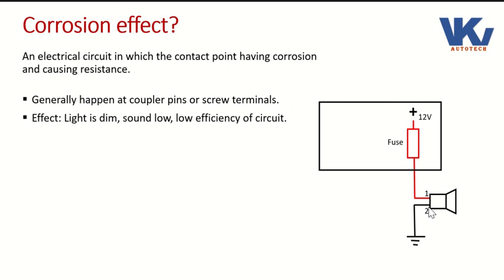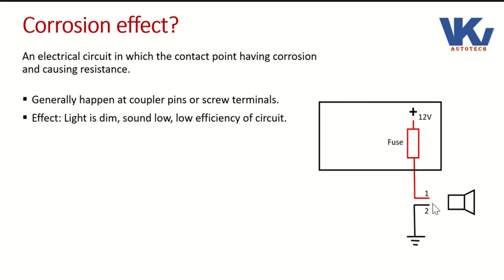So how to check that? Generally the effect of that corrosion is that the light is dim. If the component you are using is a light, then the light gets dim, and the horn sound is low, or there is low efficiency of that particular circuit. Because if any corrosion comes at this point and causes resistance, it means that resistance is in series with this component when it's connected.